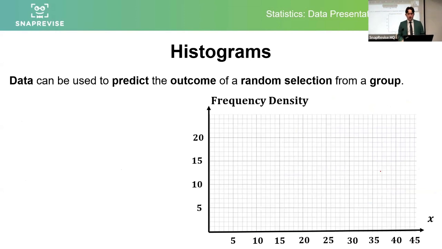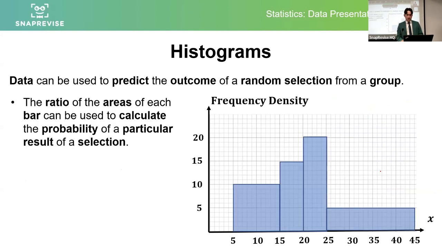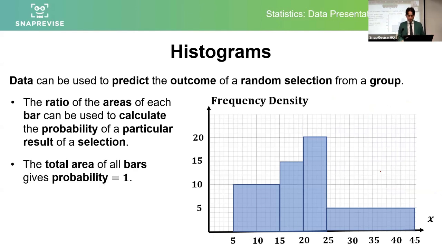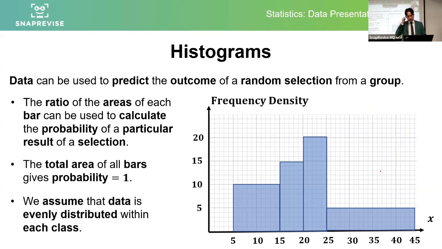This could be tied in with probability, as data can be used to predict the outcome of a random selection from a group. If we look at this here, the ratios of the areas could be used to calculate the probability of a particular result, if you were to use the whole area as equal to 1 and we assume it's distributed evenly within the groups.